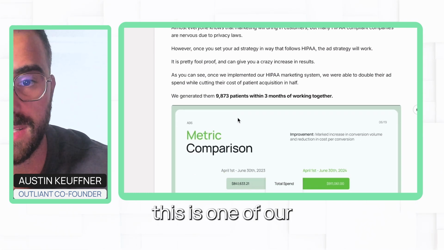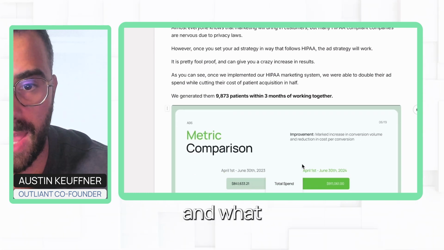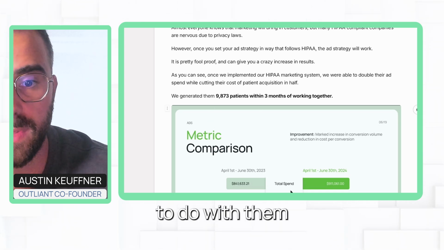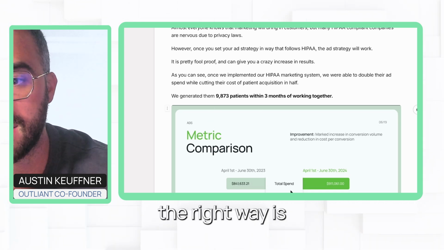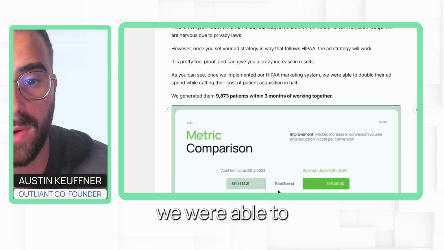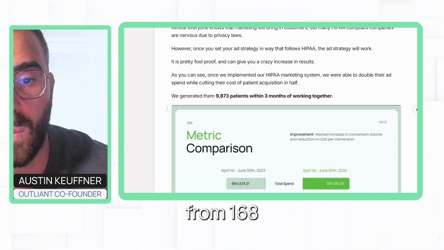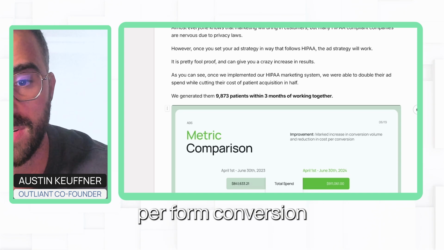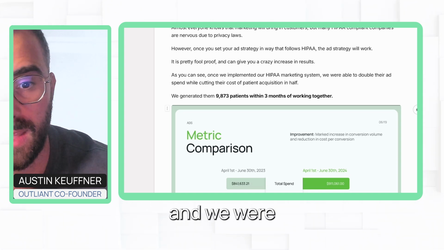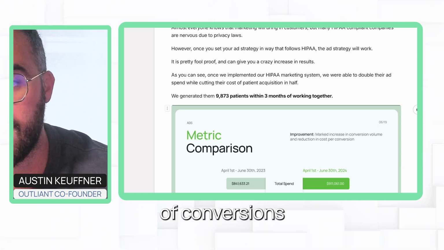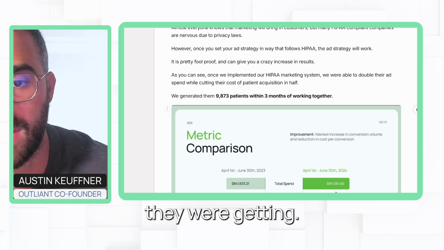For instance, this is one of our dental customers, and what we were able to do with them by setting up Facebook ads the right way is reduce their cost per form conversion from 168 all the way down to 92, and we were essentially able to double the amount of conversions that they were getting.